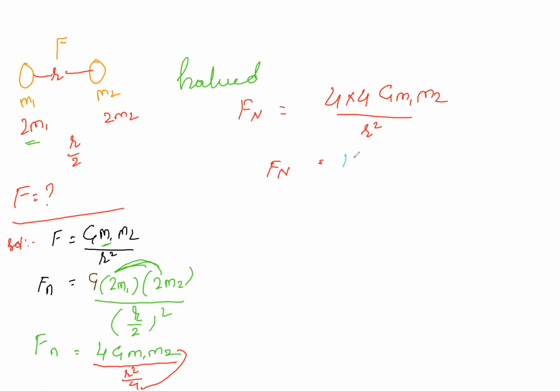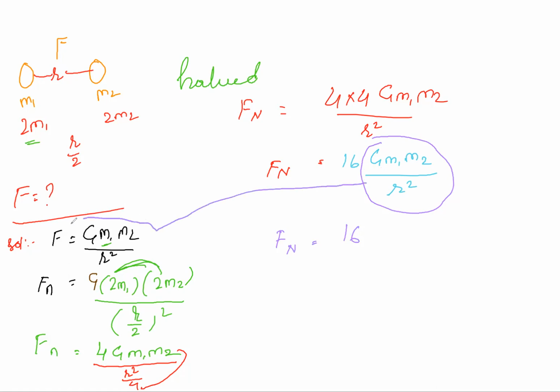So now 4 into 4 is 16 G M1 M2 by R square. Already we know that G M1 M2 by R square is nothing but the main F, so I can rewrite that as 16F.